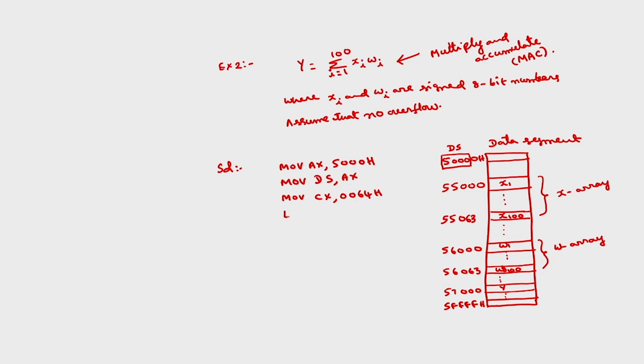Then you take the effective address. What is the effective address of the X array? The starting effective address of the X array, from here to here, the offset is 5000, and from here to the W array the offset is 6000.